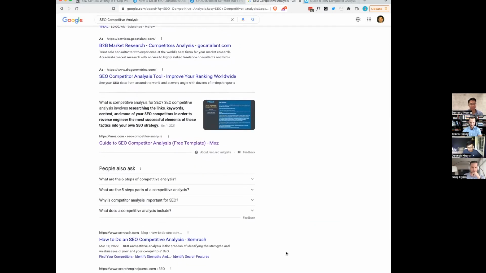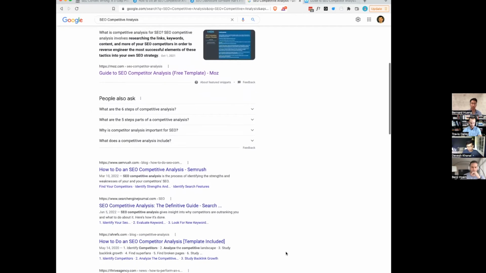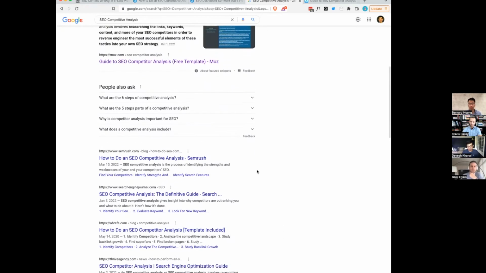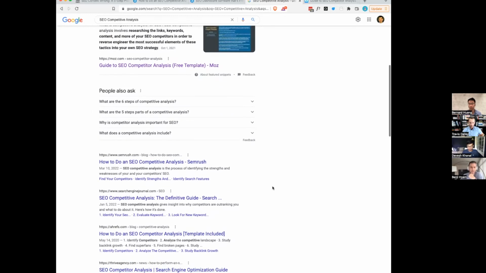It does not mean you have to produce a clone of that. But it's going to give you some clues, in fact a lot of clues, as to what the searcher wants, because the algorithm is smart. It has all this data, and it's testing different SERP arrangements, and it's settled on this, at least for now.